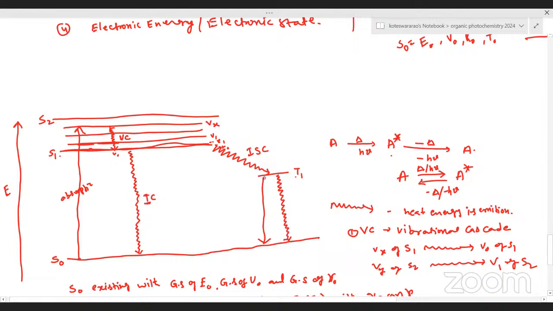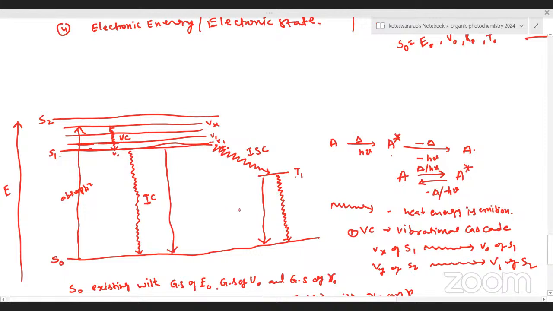Light emission means direct radiation, which is why we show it with a straight line. A wavy line indicates that it is evolving heat energy. Here also it can be deactivated directly to the ground state from S1 to S0.